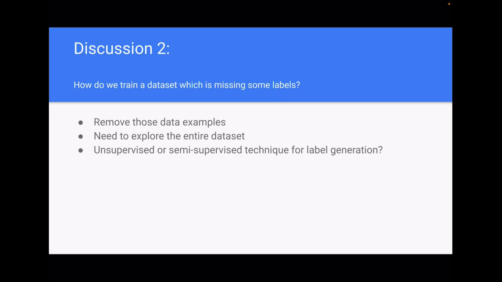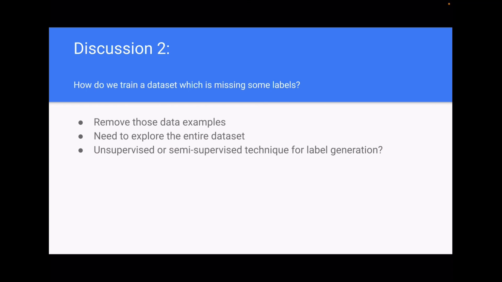For discussion two, the topic was, how do we train on a dataset which is missing some labels? So far, we considered datasets which had correct labels and also incorrect labels spread out. But what if there are no labels to begin with? In that case, one member suggested that we could remove those data examples which did not have any associated labels. But the problem with that would be we would throw out some data examples, so we are only partially exploring the dataset.